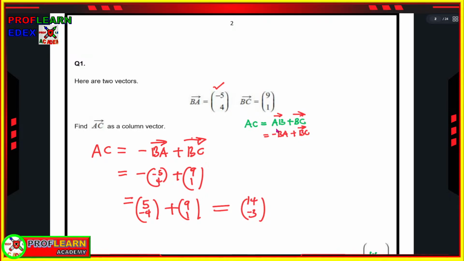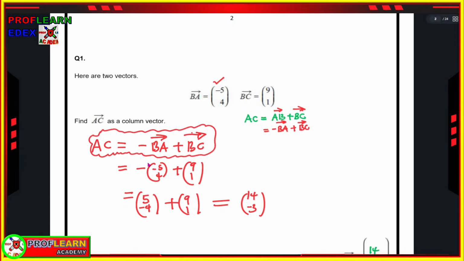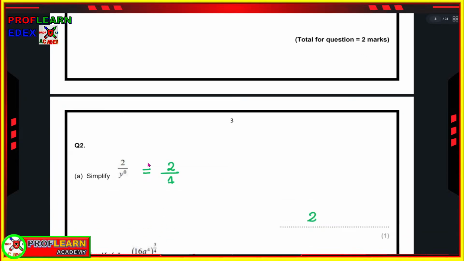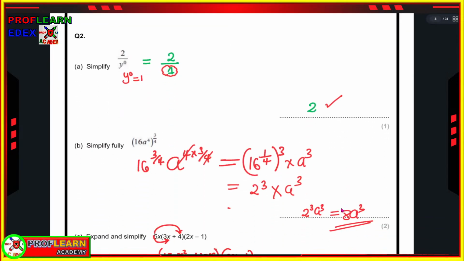So that's the logic I used. Then the second bit was simplifying this, and we always know that any number raised to power 0 is basically equal to 1. So that is why we have this one here, and then we got to this given point.